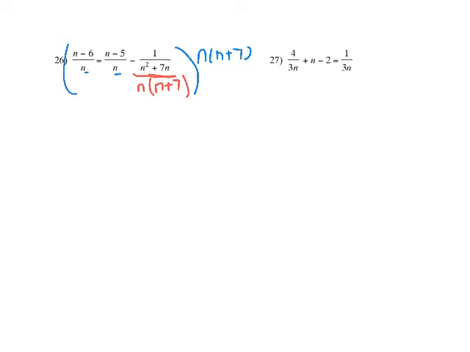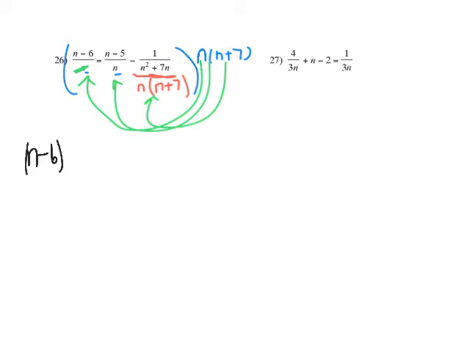So we're going to go to this first fraction, then equals the second fraction, and you're applying it to everything. When you go to this first fraction, the n in the denominator and your first n right here cancel, and what you're going to have left is n minus 6, because that was already there, and then n plus 7.